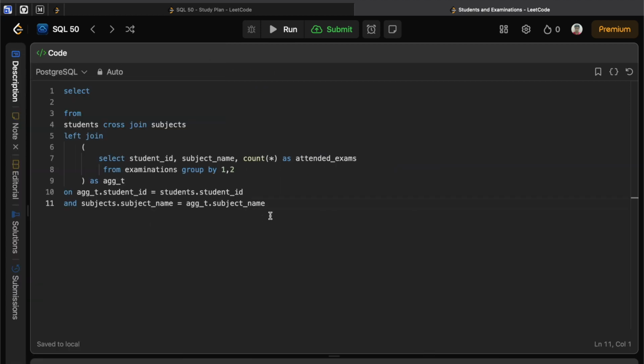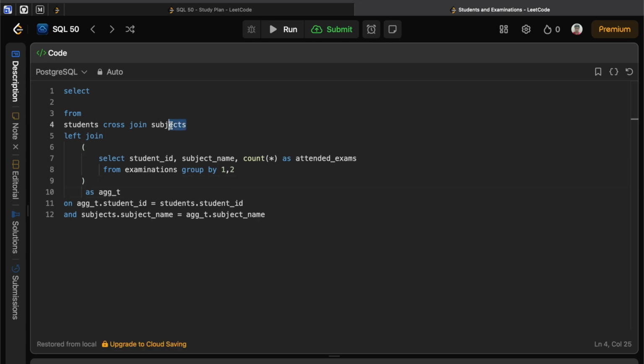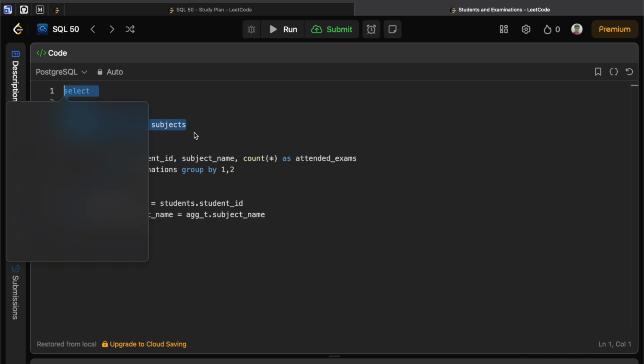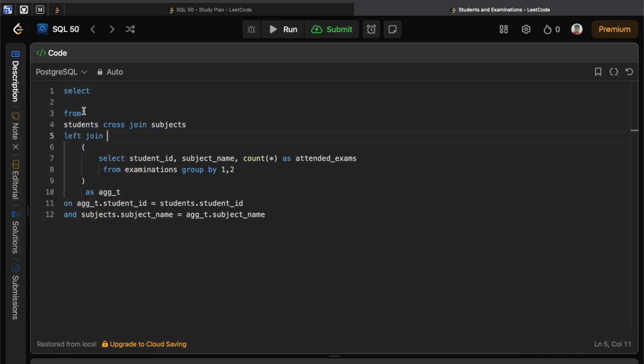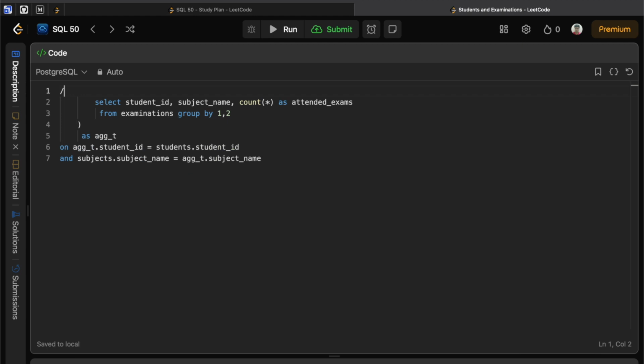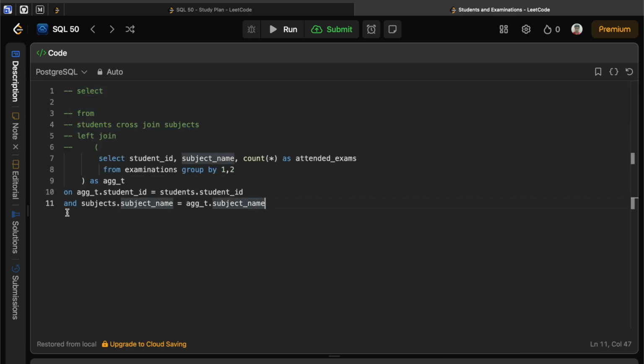And before I go ahead, I want to print out each sub component like I said, so that we know exactly what's going on. So let me comment this out and just select the parts that I want. I can comment this out as well, so that I can just run this part and see what is going on here.